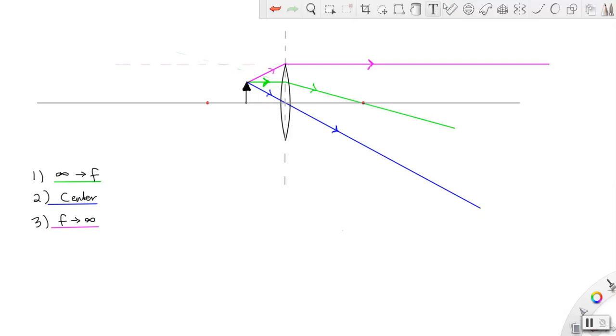And that's not very bright. Let me see if I can get that a little bit darker. There we go. Okay. And we also will have one coming from this blue ray, so let's make sure that we're tracing that as well as possible.